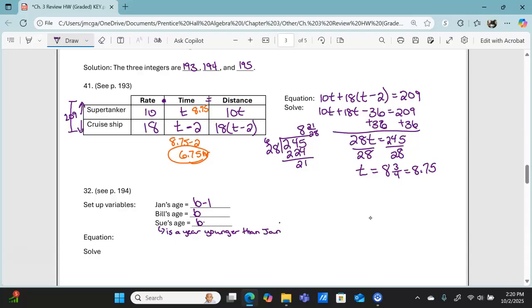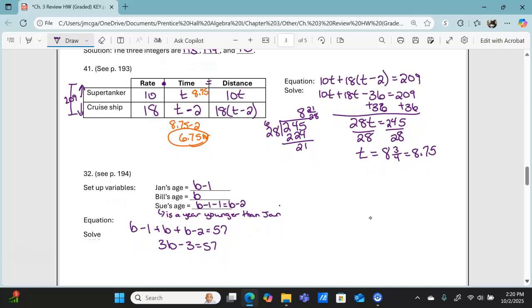So we take Jan's age and subtract 1 from it, or B minus 2. The sum of their ages, there's Jan, there's Bill, there's Sue, is 57. So 3B minus 3 equals 57. Add 3 to both sides.